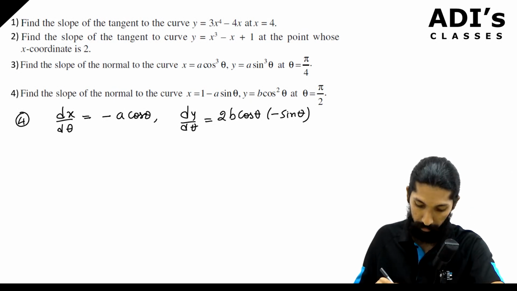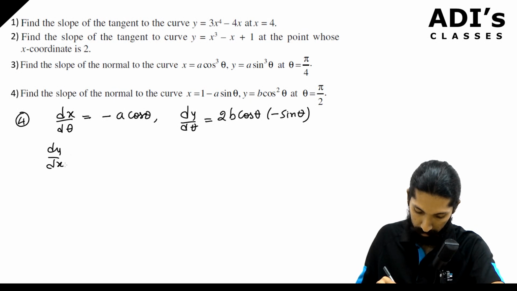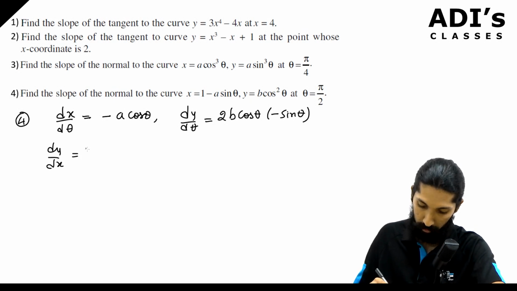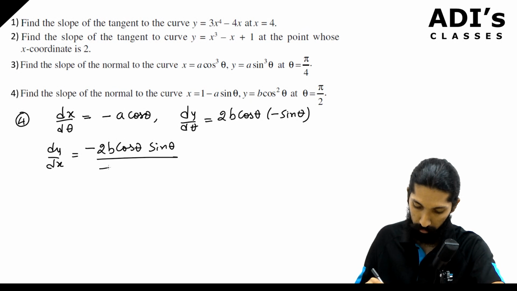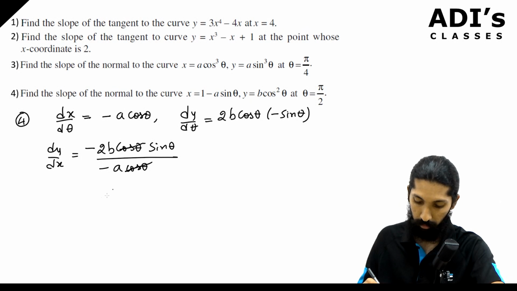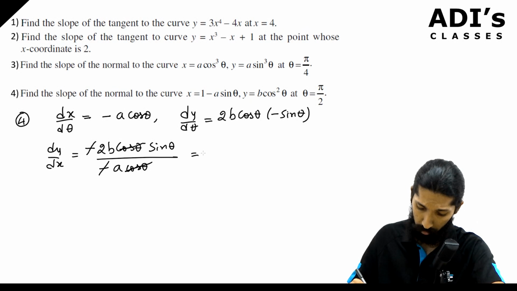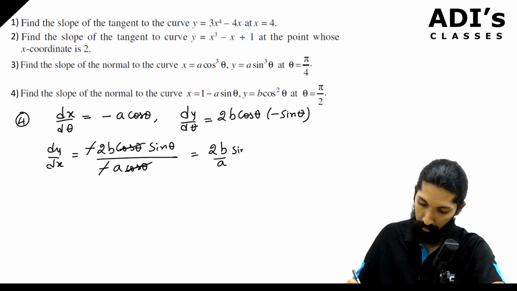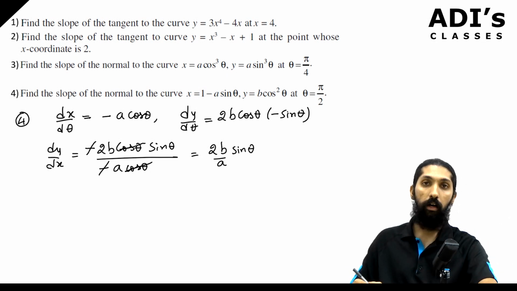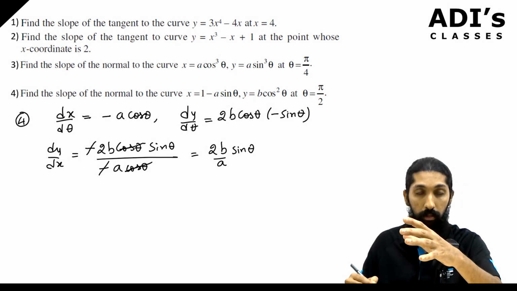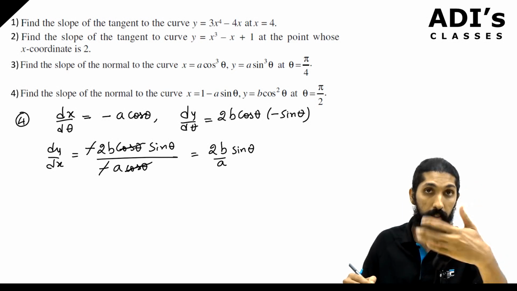Again, dy by dx will be minus 2b cos theta into sin theta over minus a cos theta. Cos theta cancels, minus minus cancels, correct? So you end up with 2b by a into sin theta. This is the slope, in the sense, the derivative.